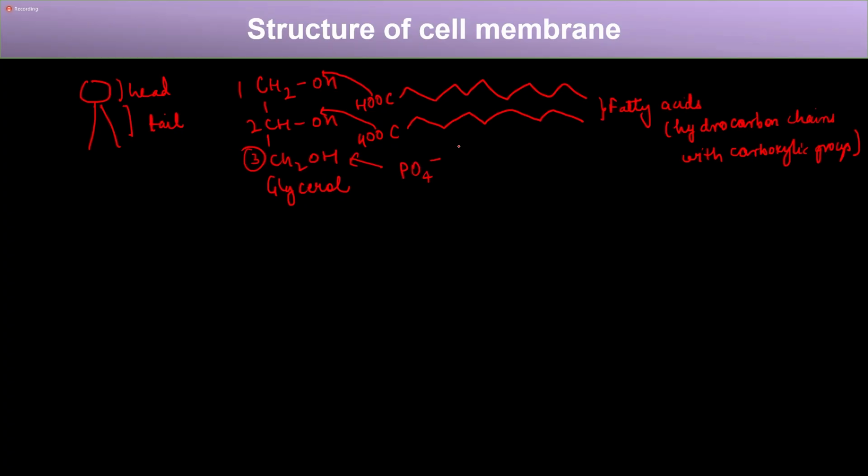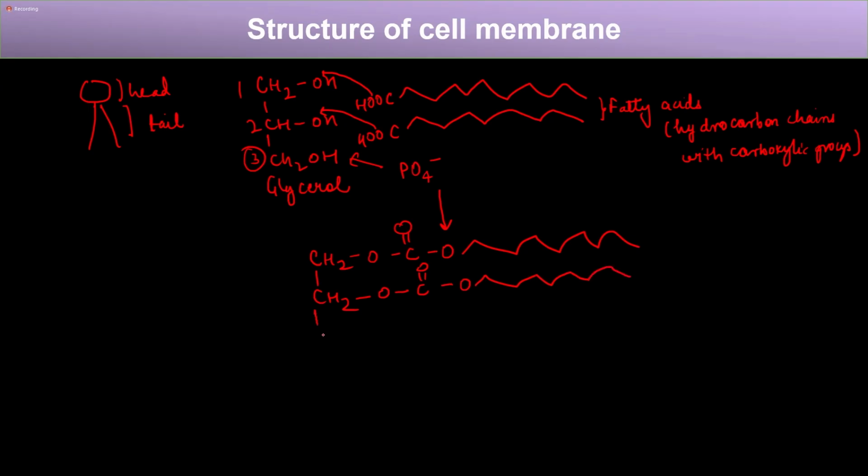Okay, and this leads to the formation of a structure something like this. This is nothing but your phospholipid that we are talking about. So this together forms a phospholipid.